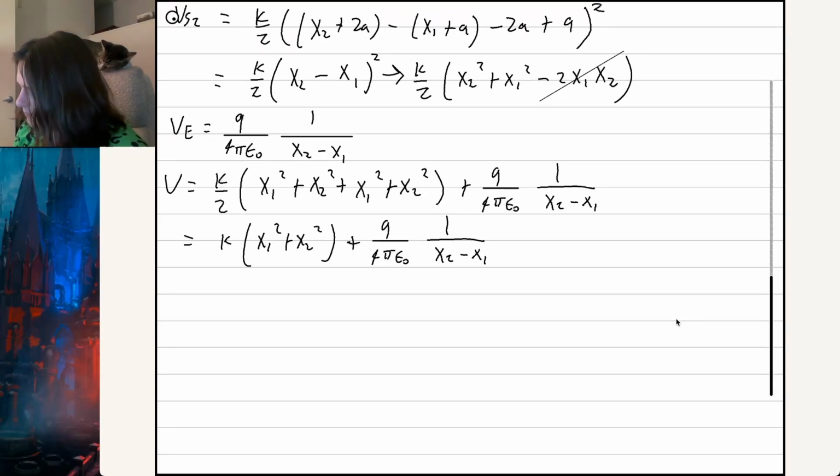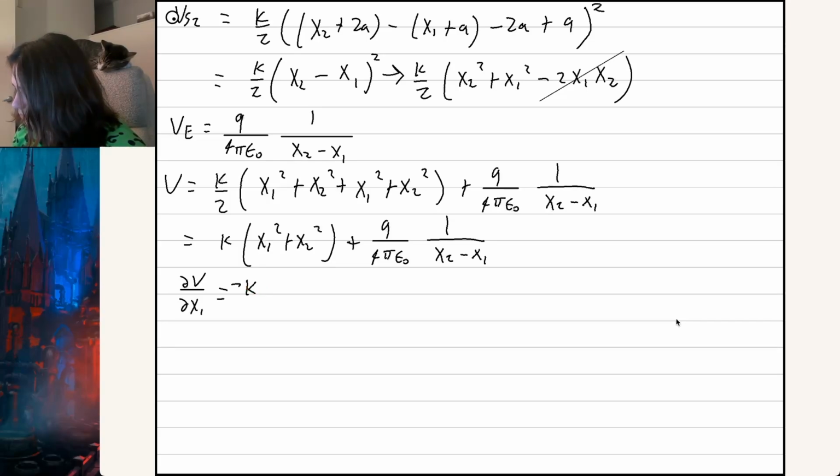Let's just start taking partial derivatives. dV/dx1 is going to be 2kx1 plus q over 4 pi epsilon naught. Then we'll have 1 over (x2 minus x1) squared on the bottom.